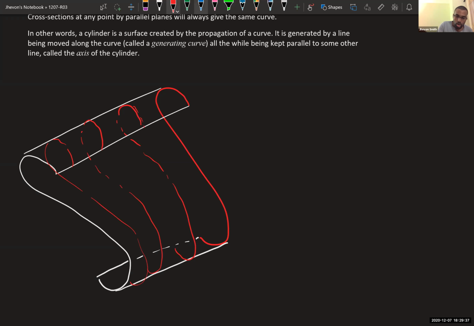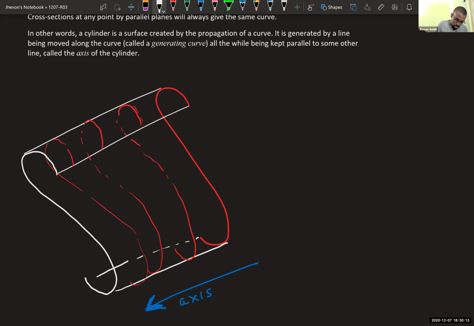And so I take one curve, and if I drag it along an axis, so the axis here is this way, then the set of points in space that the curve would actually pass through, that is called a cylinder. Okay, so that's called a cylinder.